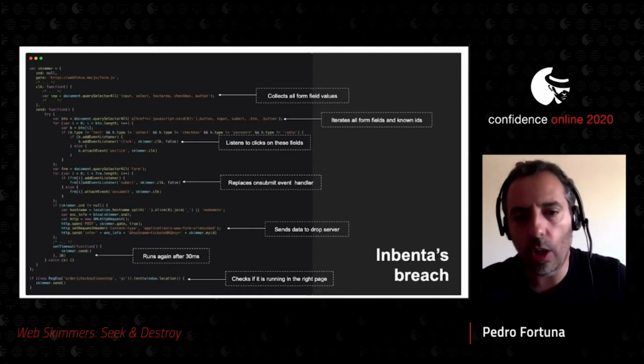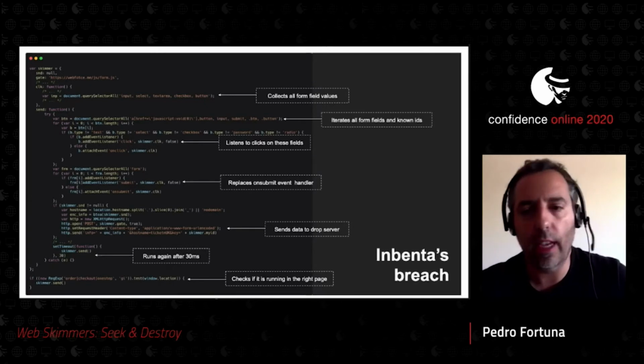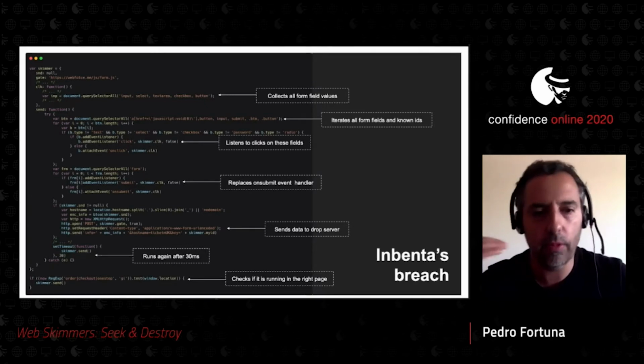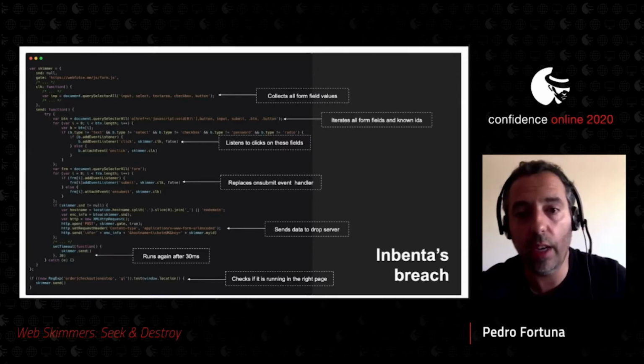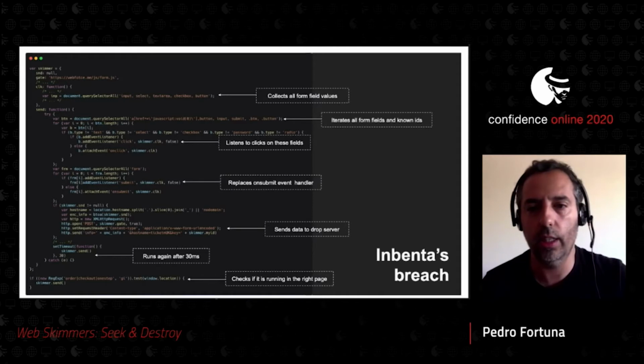And it does it all again after 30 milliseconds. So it needs to keep running in order to give enough time for the user to enter the credit card data.